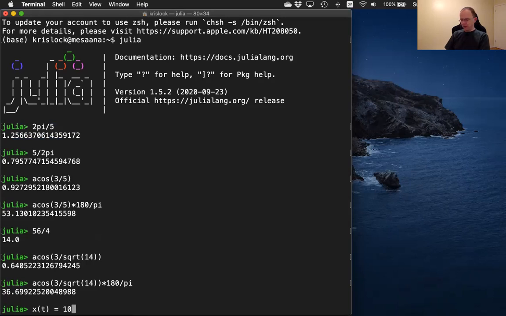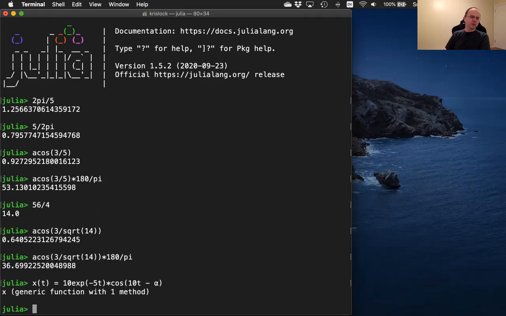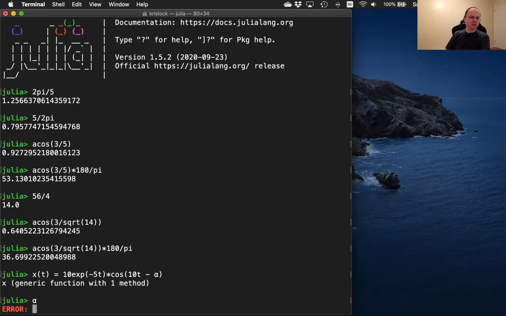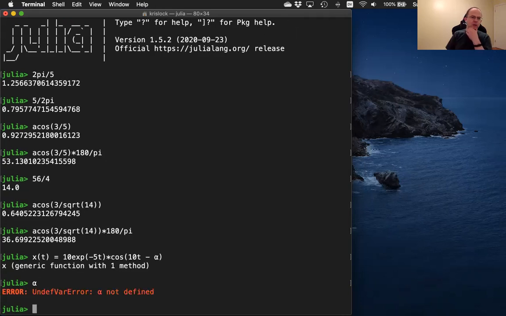X of t was 10 times the exponential of minus 5t times cosine of 10t minus alpha. I'm surprised, that does give me an error.